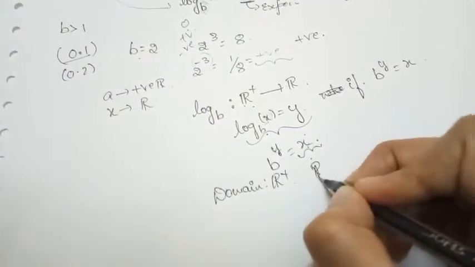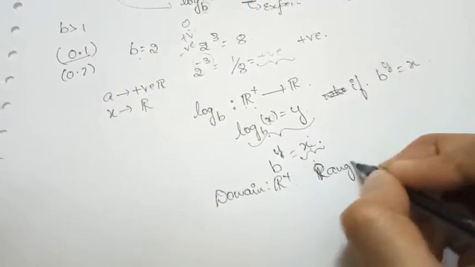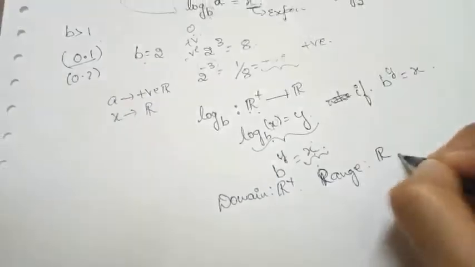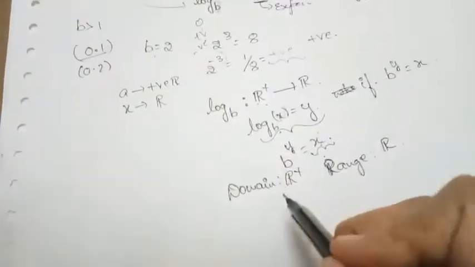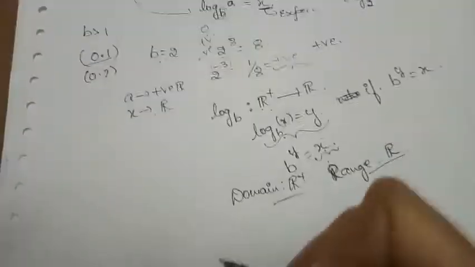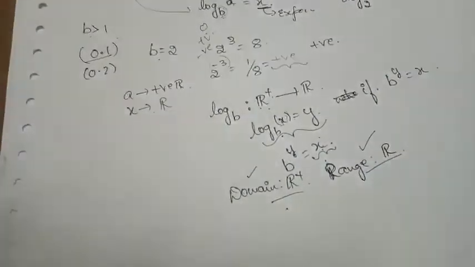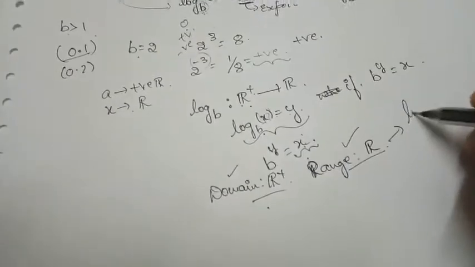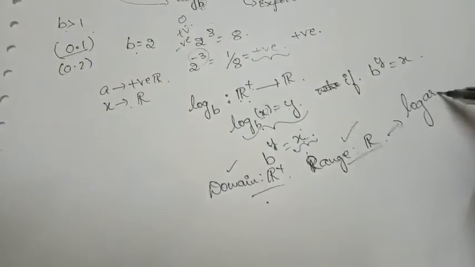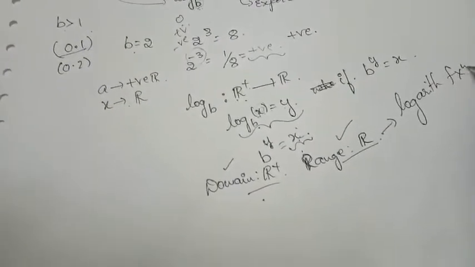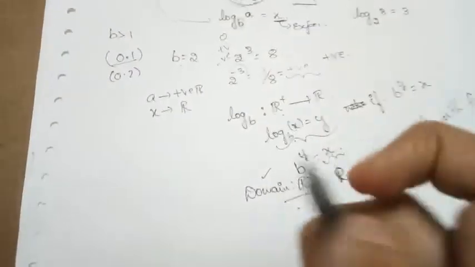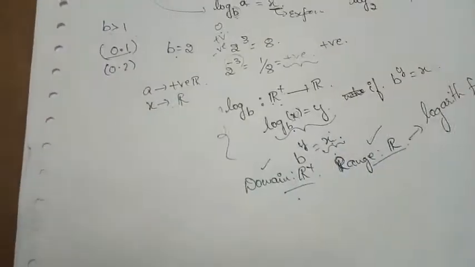So clearly the range of the function is the set of real numbers. This is the domain, the set of positive real numbers, and the range, the set of real numbers, of the logarithmic function. So this is how the logarithm function is defined.